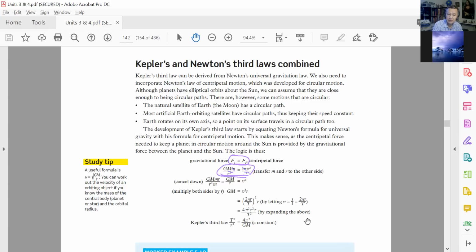Do you agree? That's how Newton did it. Newton derived Kepler's third law; he used theory to explain it.